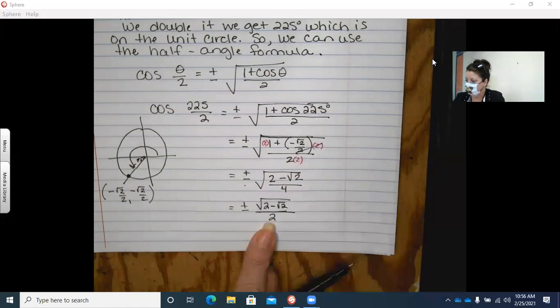Now, is that my answer? Can I have a positive and negative cosine? No, I cannot. What would the cosine of 225 degrees be? Negative. So it's going to be negative square root of 2 minus the square root of 2, all over 2.